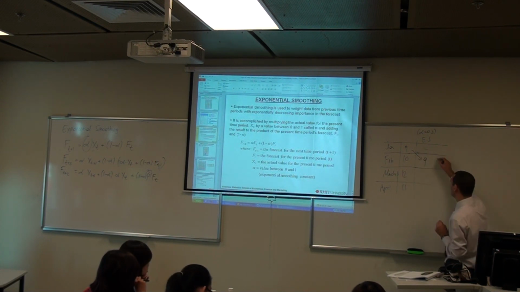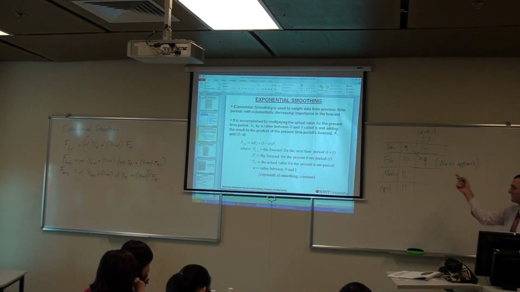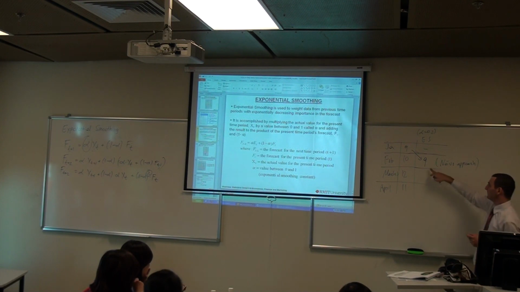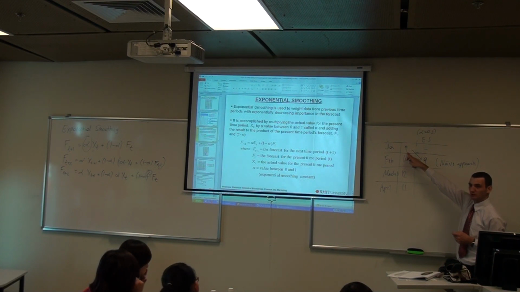Naive approach. I think a model is called an approach, you can find a better word, because it's not a model. It's just one step. I take the first forecast as the exact value of the actual value of the previous term.